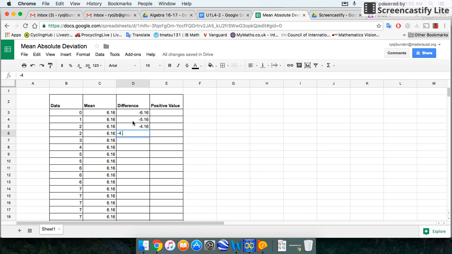Then negative 4.16, negative 3.16, negative 2.16, negative 1.16, and negative 1.16. 6 minus 6.16 is negative 0.16. 7 minus 6.16 is 0.84.